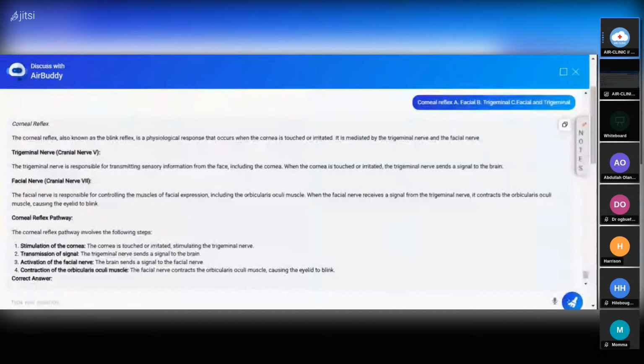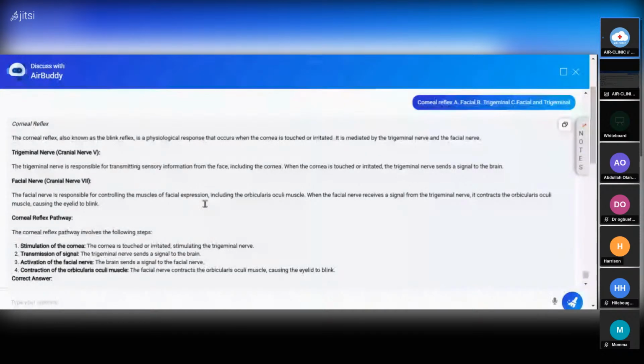So the corneal reflex is what helps you blink if someone throws a stone or something is happening around your eyes. That blinking is the corneal reflex, the blink reflex. It has both sensory, which comes from the trigeminal nerve, and motor. Motor is what blinks the eye, and that comes from the facial nerve.